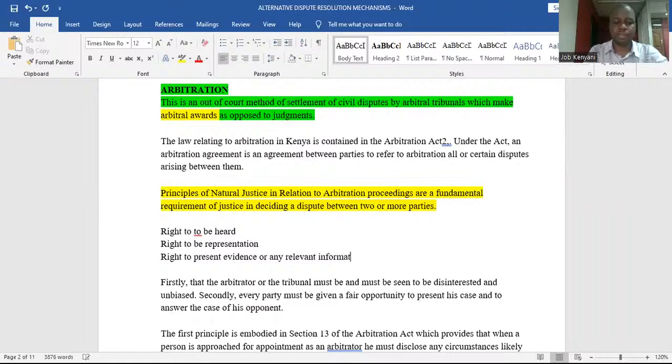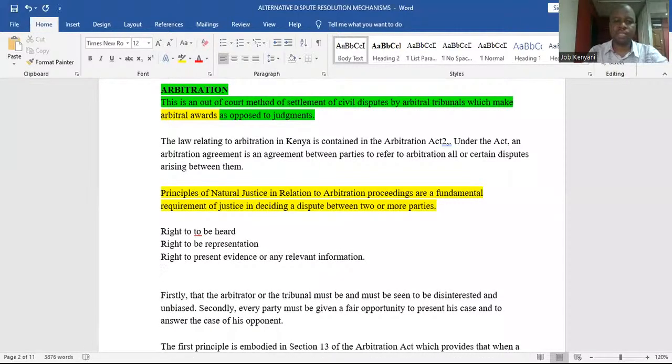And for example, the right to seek an adjournment or postponement.